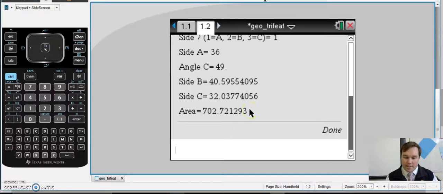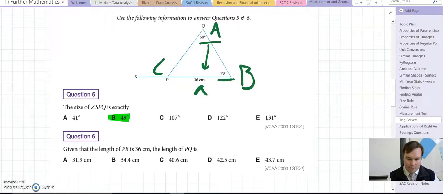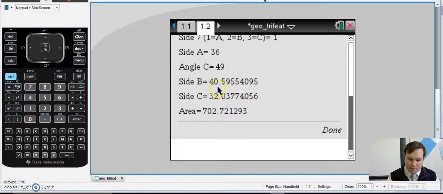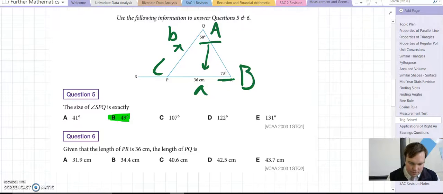And then what it does is it calculates the remaining angle, 49, which we knew from the previous question. It calculates the remaining 2 sides, B and C, and the area, which in this case we don't need. What we're after is the length PQ, which is this one, which is our B side. Go to the calculator. The B side is 40.59 or 40.6. So 40.6. Right.